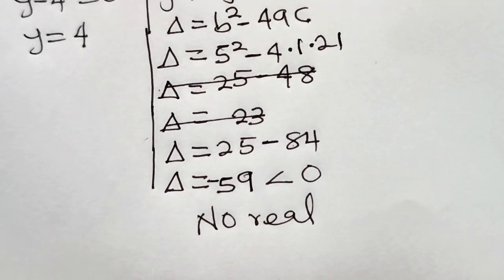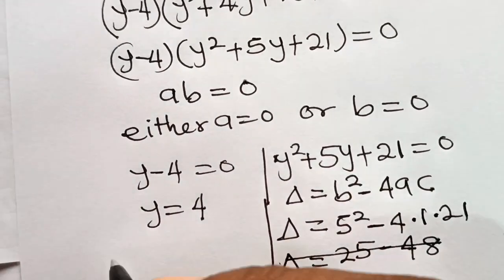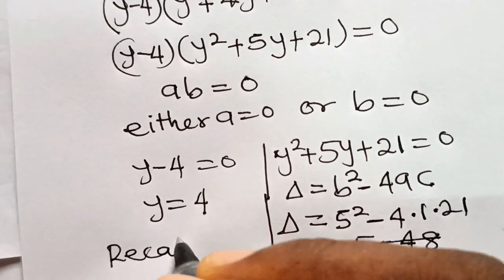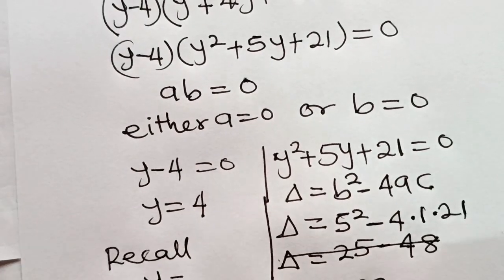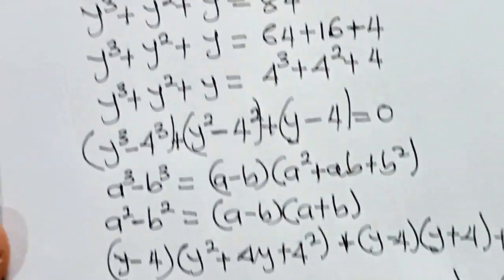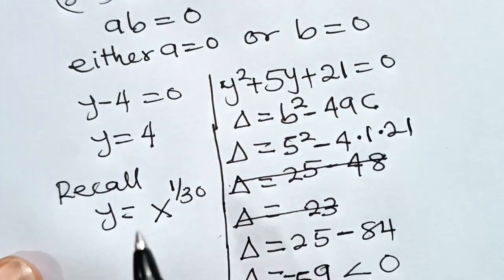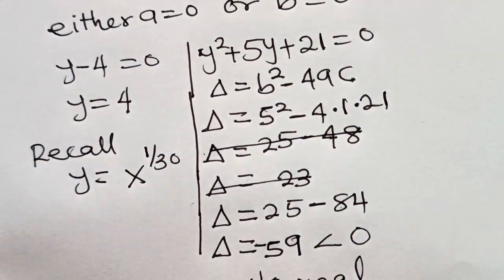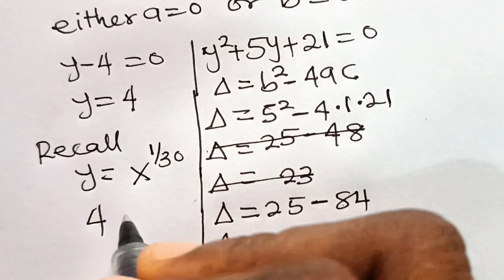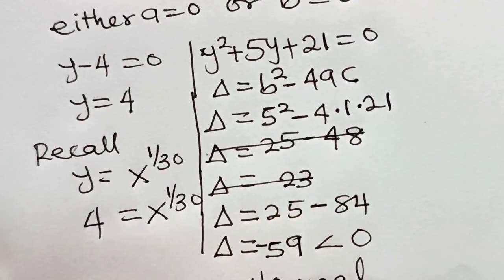All right, now let's go back to this, where we say that y is equal to 4. But recall that y is equal to x to the power of 1 over 30. I don't know if you still remember. Now, here our y is equal to 4. So we write 4 is equal to x to the power of 1 over 30.